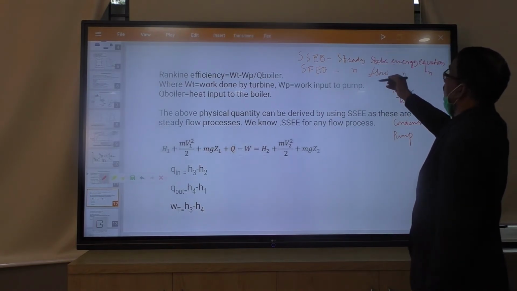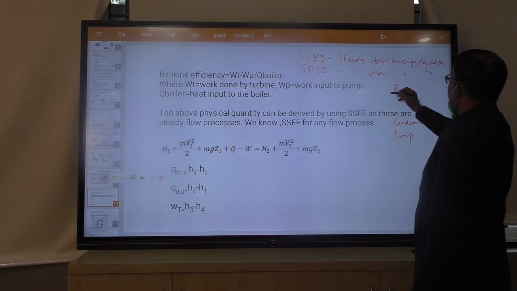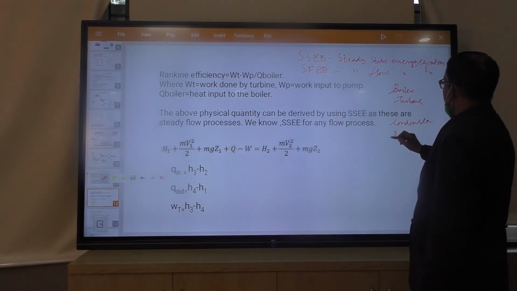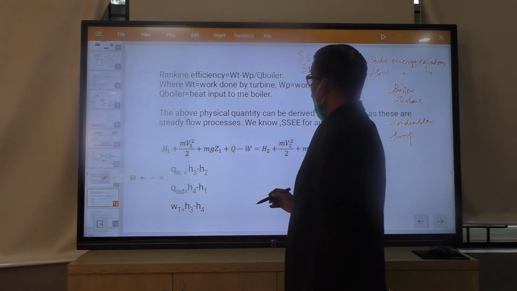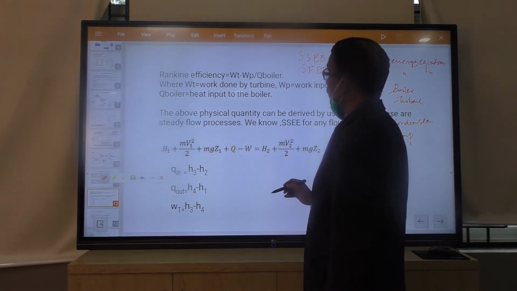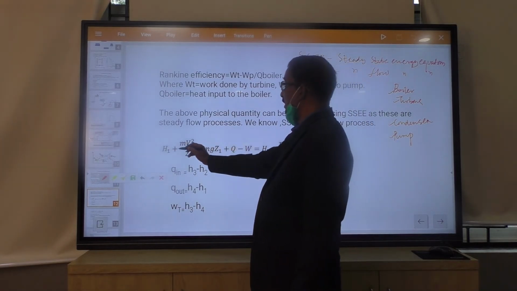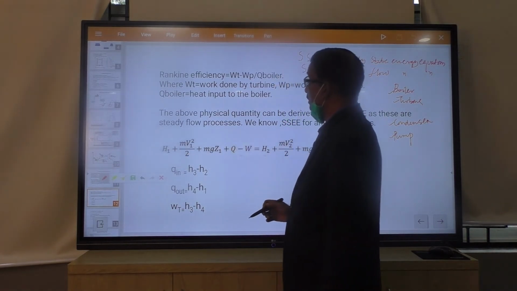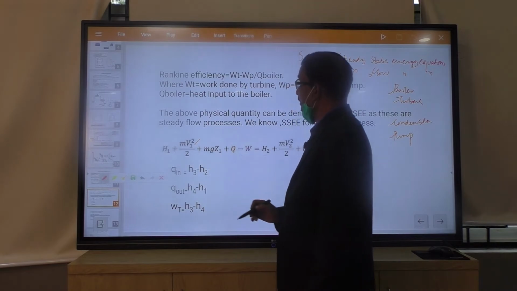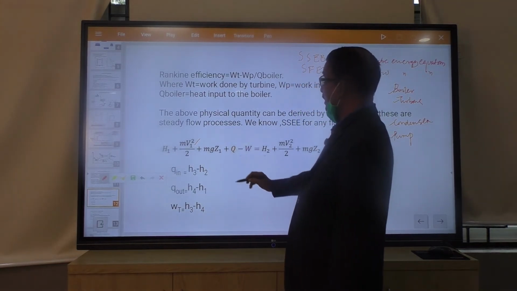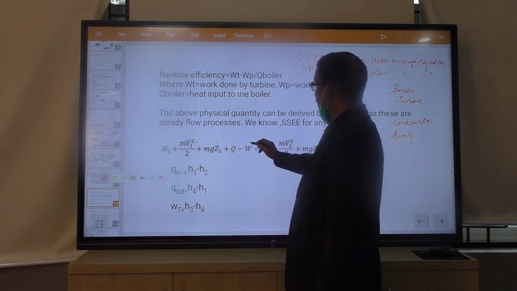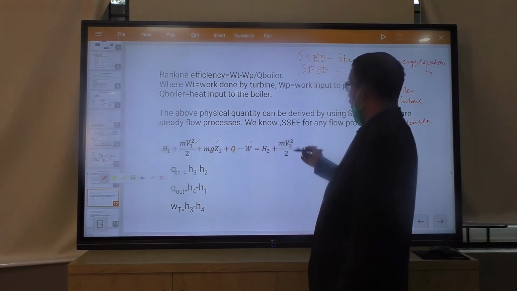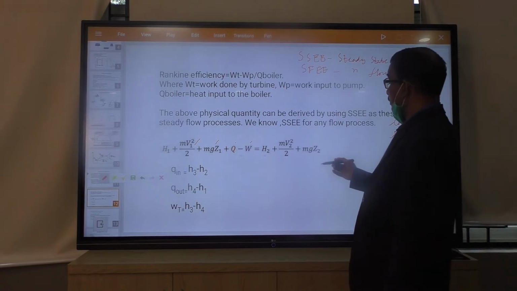So you can apply this equation for each of boiler, turbine, condenser, pump. That equation I have given here for m quantity of mass flow. H1 is the enthalpy, next is kinetic energy, half mv square, and potential energy, and this is heat transfer, this is work transfer, one is the inlet, another is outlet.